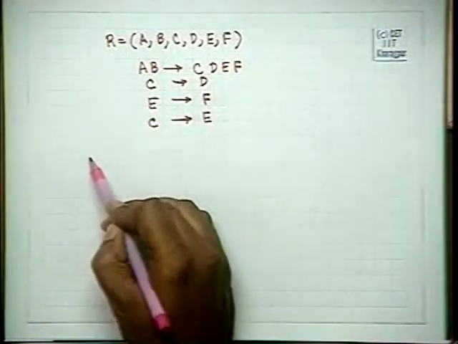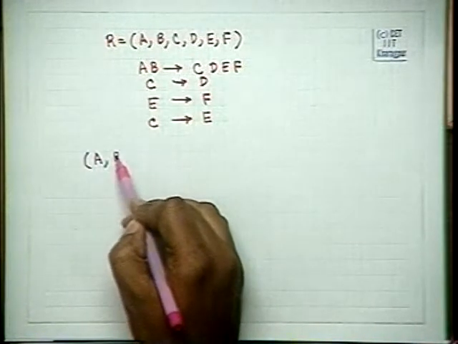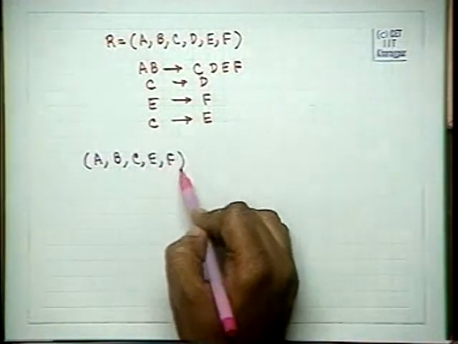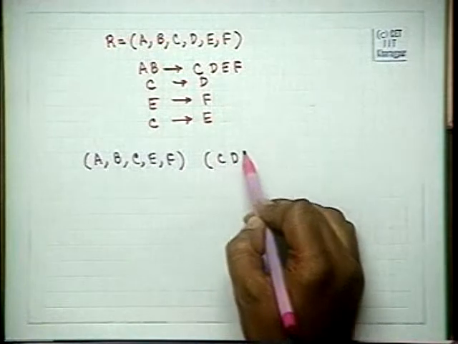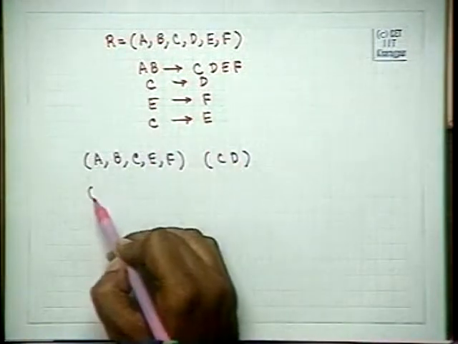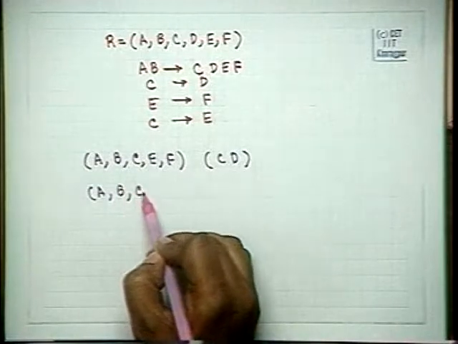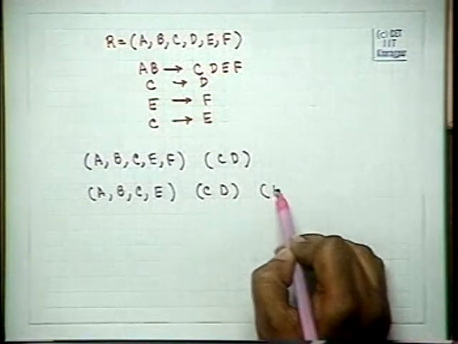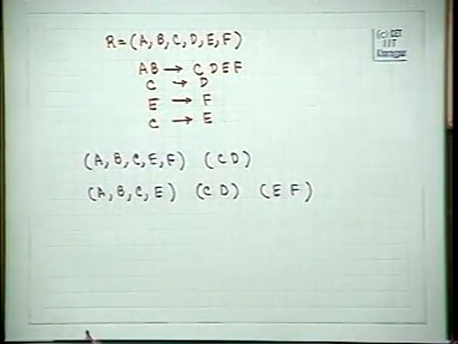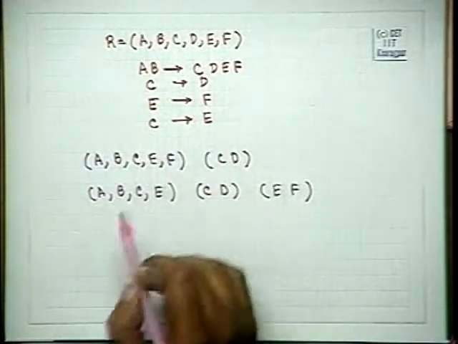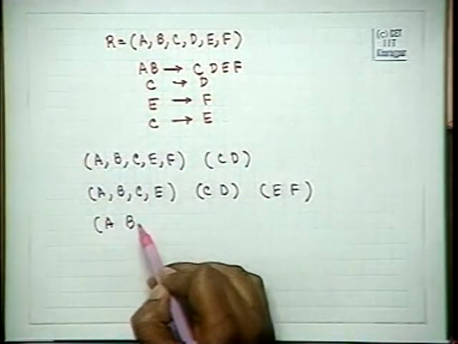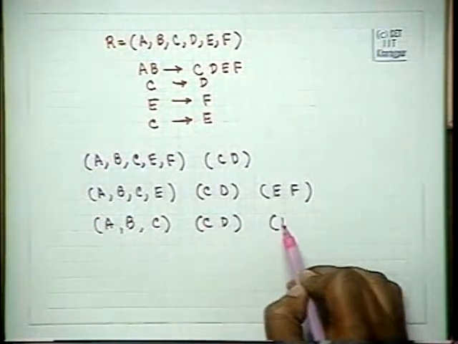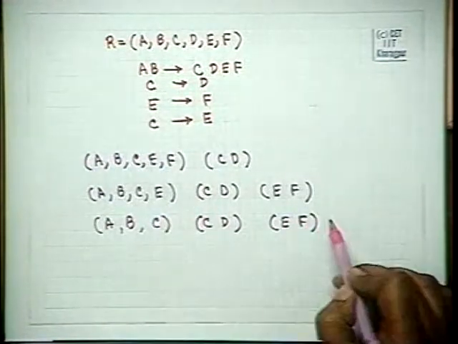Because of this CD, I will have one relation scheme A, B, C, E, F, and another one will be C, D. Now because of E, F, I will have A, B, C, E, C, D, E, F. Now because of CE, I will have A, B, C, C, D, E, F, and C.